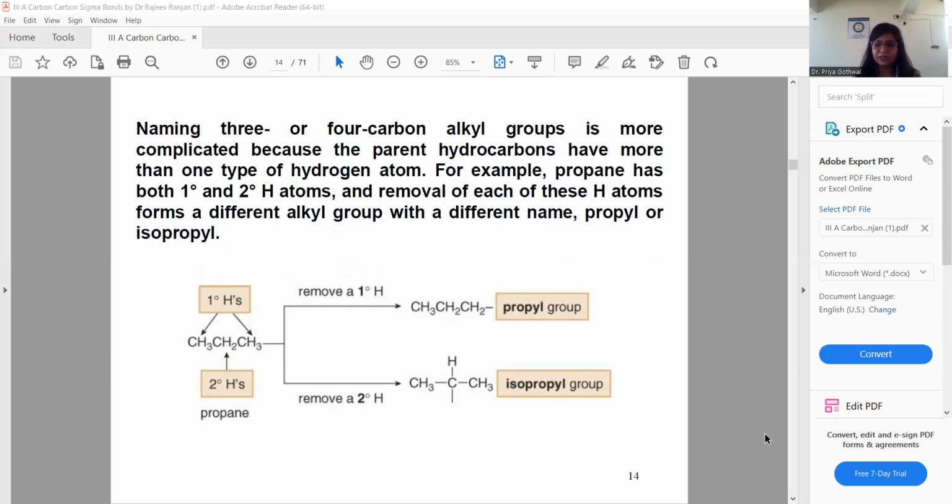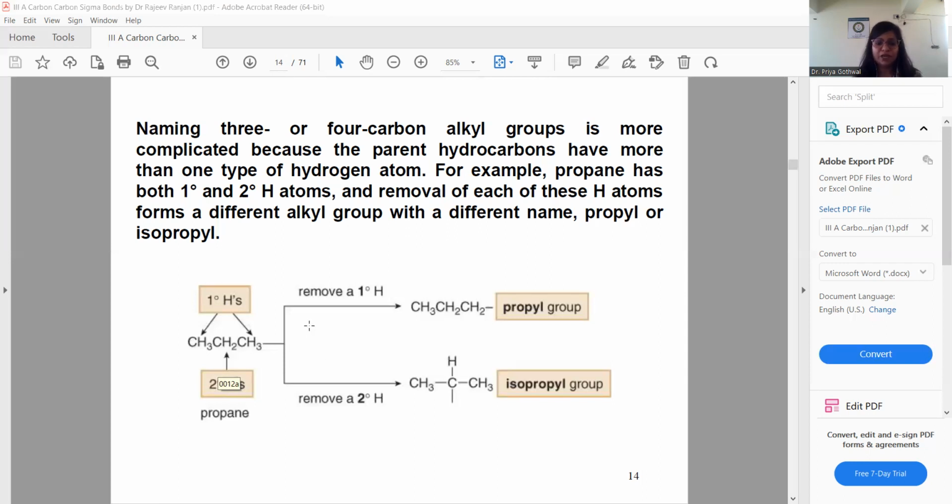Here we can see numerous examples. First, propane, CH3CH2CH3, contains 1 degree hydrogens and also 2 degree hydrogens, which belong to the 2 degree carbon atom.